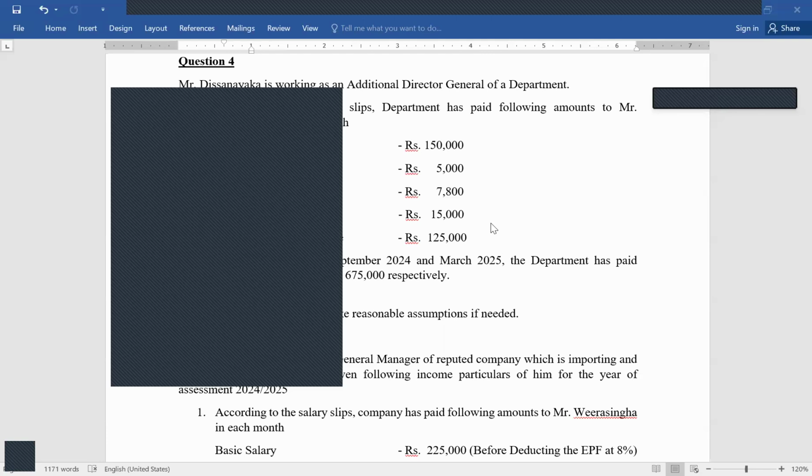But we can tax only the part that is used for private use, not the official use. If a vehicle is given by a company, I am using that vehicle not only for official use but private use.